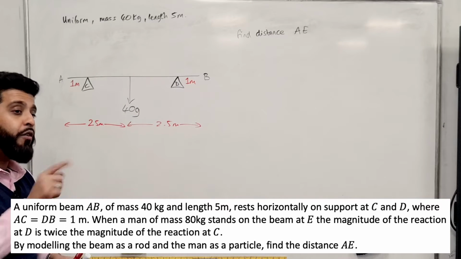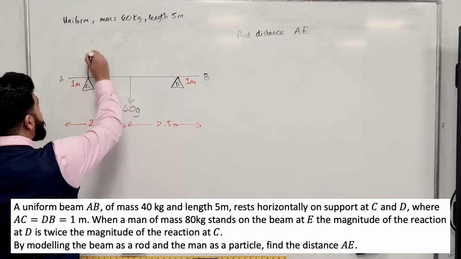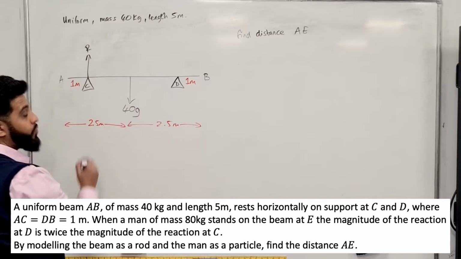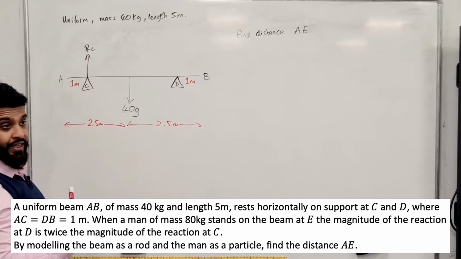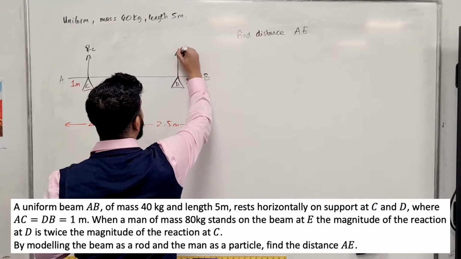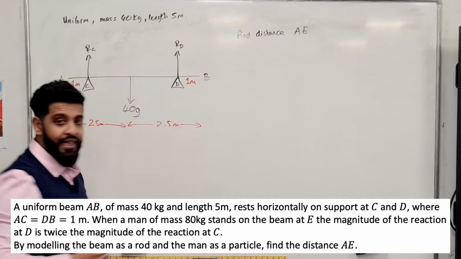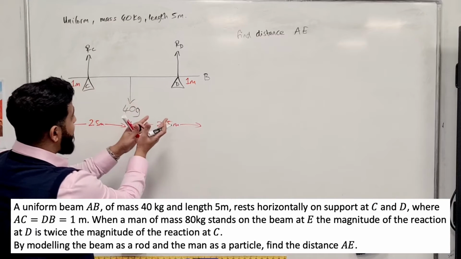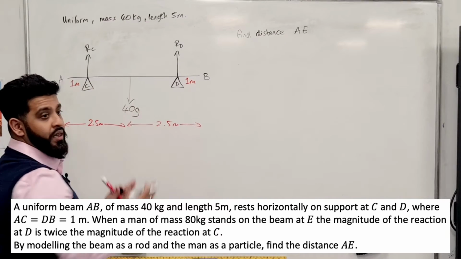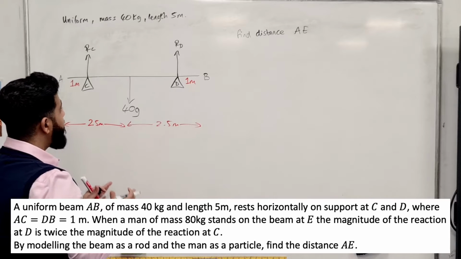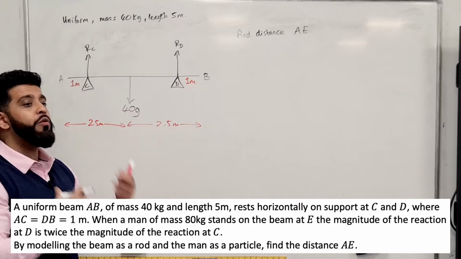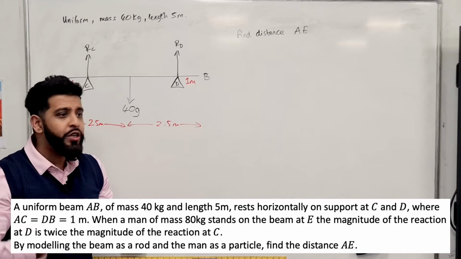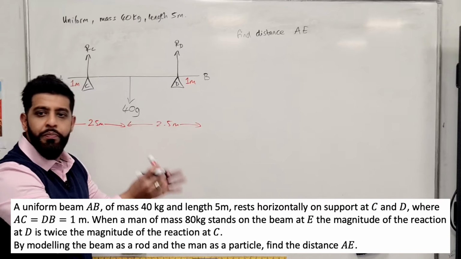Now, both of those supports are also going to give a reaction force. So this reaction force we're going to call reaction force at C, and this reaction force we are going to call the reaction force at D. We are also told that there's a man of mass 80 kilograms somewhere between these 2 supports. Now, if you don't know where the man should be, you can just roughly place him somewhere.